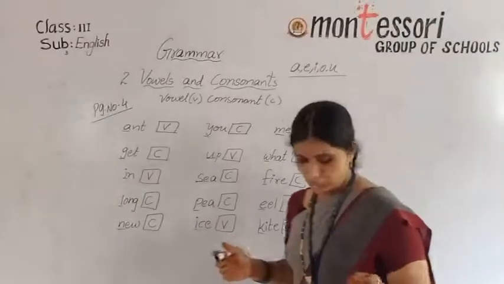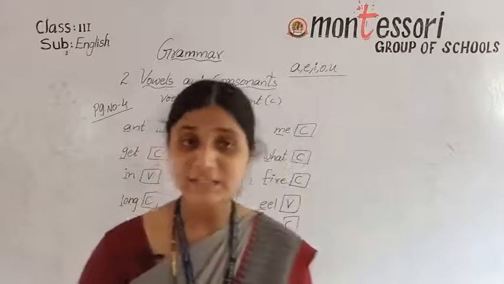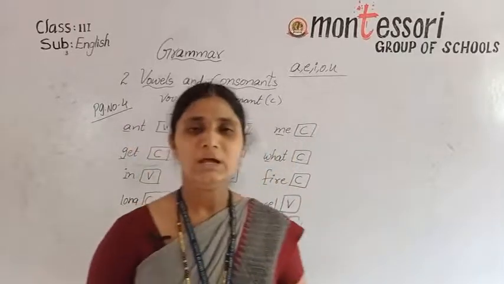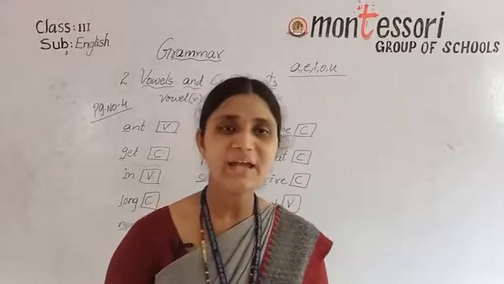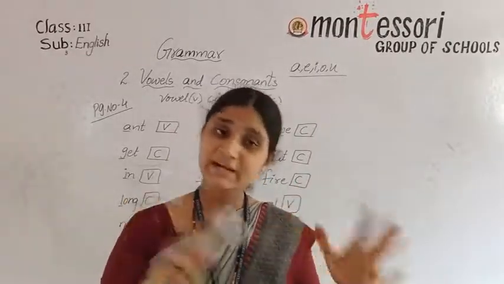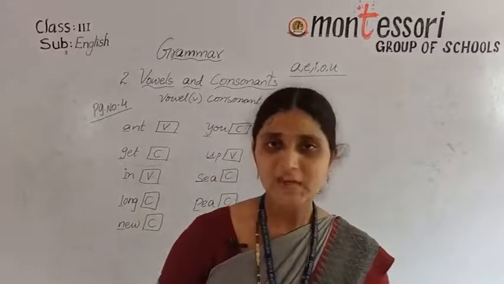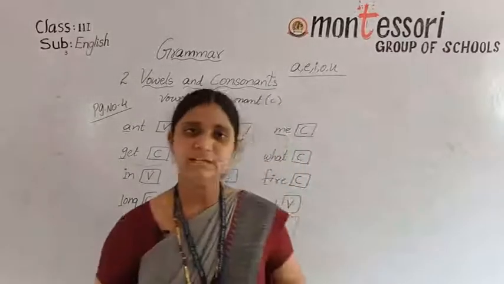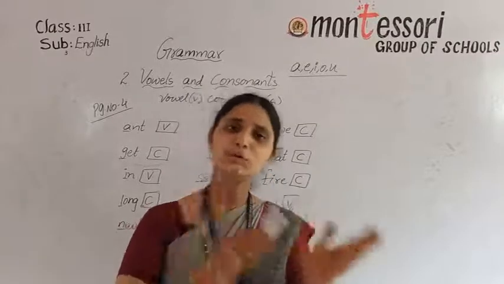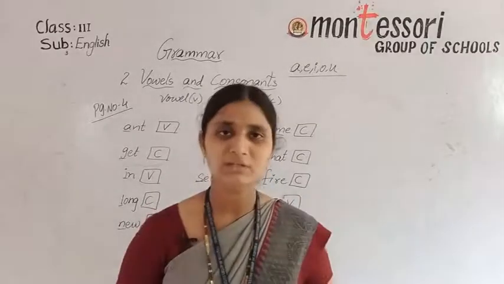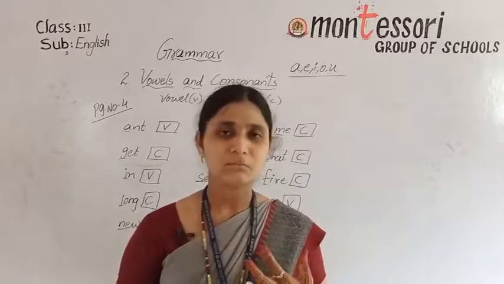Okay, my dears. Once again I remind you about alphabets, vowels and consonants. How many letters do we have? We have 26 letters in the English alphabet. Am I right? We can write those 26 letters in 2 forms, capital and small.